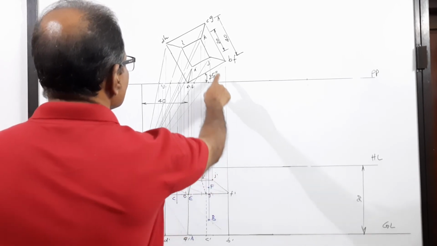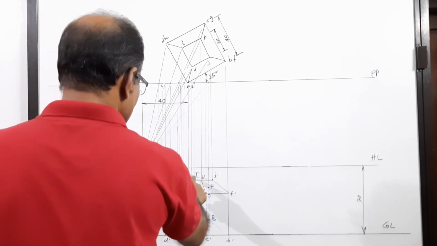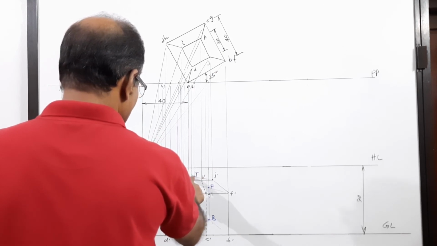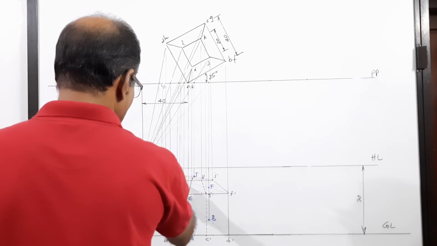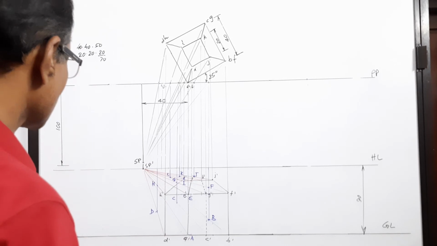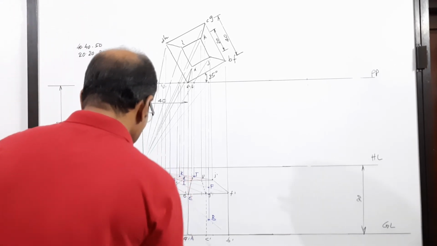Where is the intercept of J? This is the intercept of J. J is correct. I, J, K, L. Something is slightly wrong. Okay, let's connect.